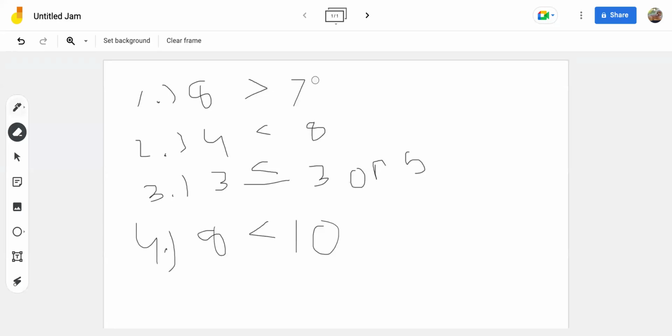Very good. And the third one is 3 is? 3 means what? You have to say it. Less than or equal to. Okay, awesome. And the fourth one is 8 is, which is smaller, which is bigger? 8 or 10 is bigger.